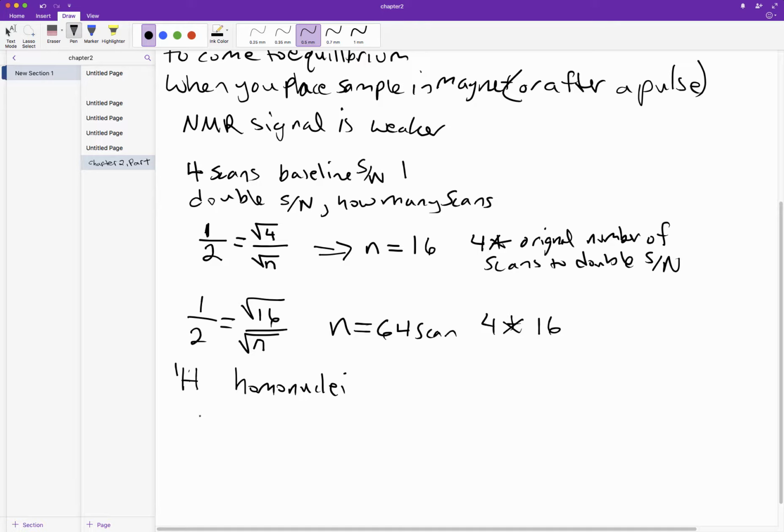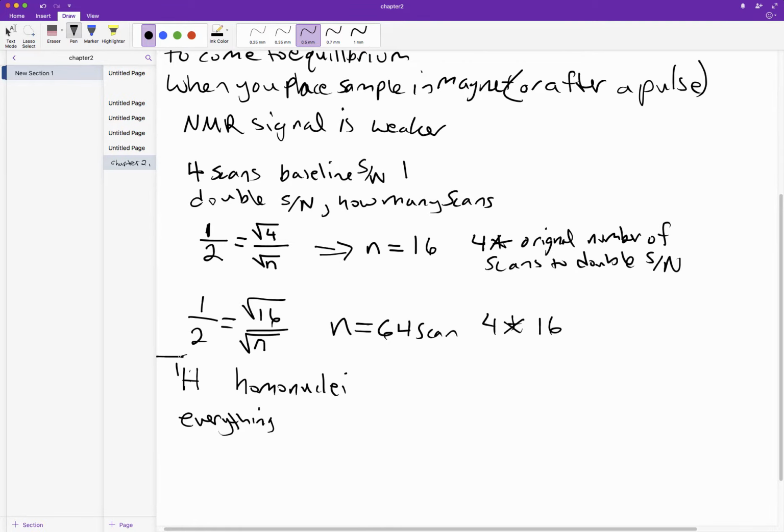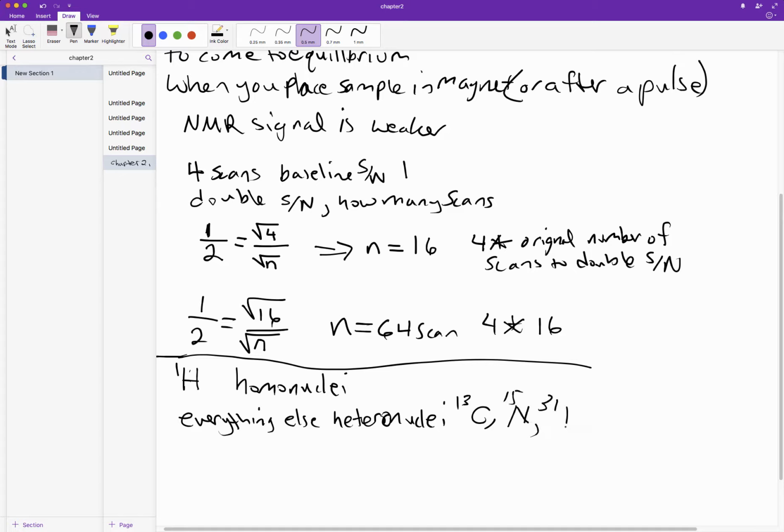And everything else is a heteronuclei. Stuff like carbon 13, nitrogen 15, phosphorus 31. Those are the typical ones that other people run. That's all heteronuclei.